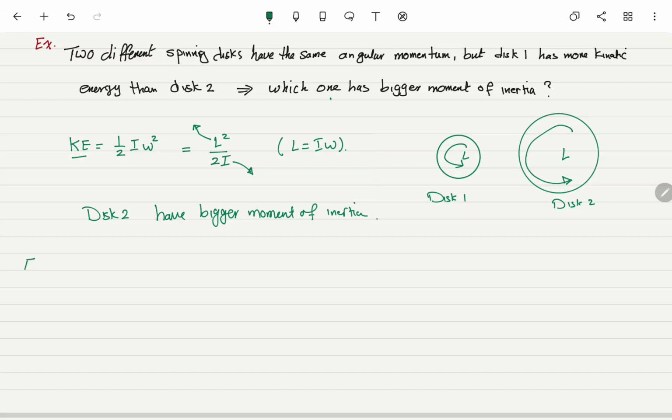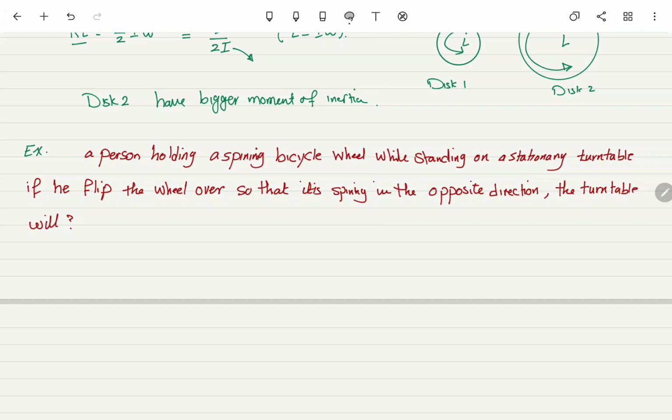Example: a person holding a spinning bicycle wheel while standing on a stationary turntable. If he flips the wheel over so that it is spinning in the opposite direction, what will the turntable do?